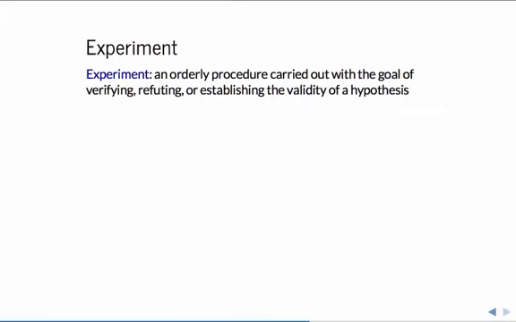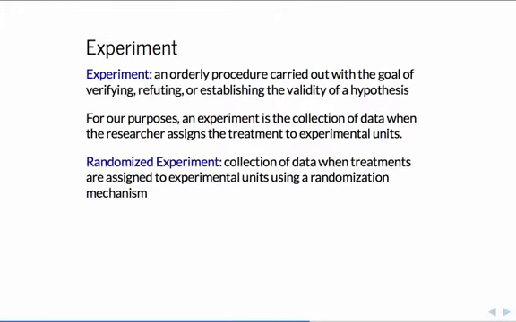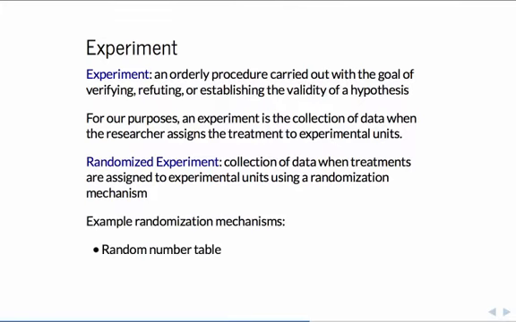In terms of the terminology I've introduced so far, the key part is that an experiment is determined by the fact that a researcher gets to assign the treatment to the experimental unit. So that's what really makes an experiment. And to make a randomized experiment, that treatment allocation to experimental units needs to be done using some randomization mechanism. Two common examples are to use a random number table or to use a random number generator.